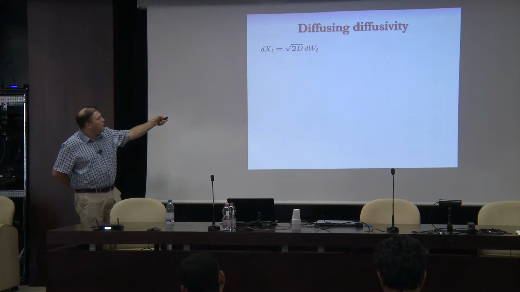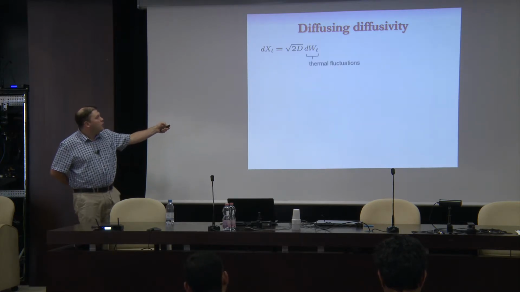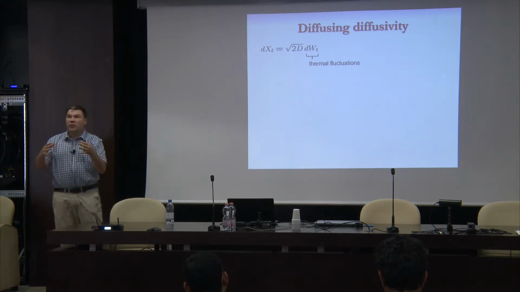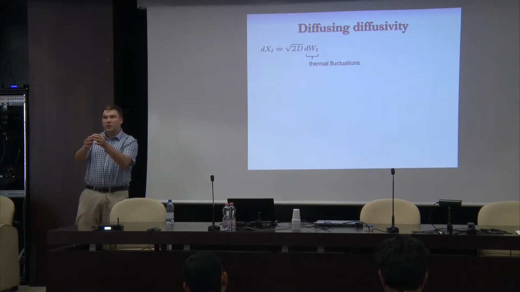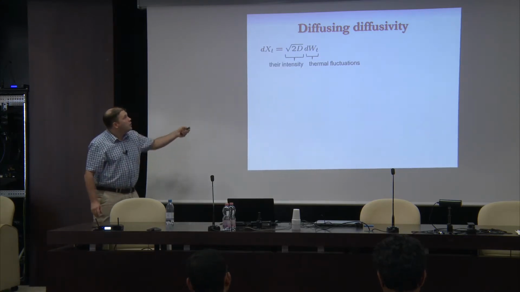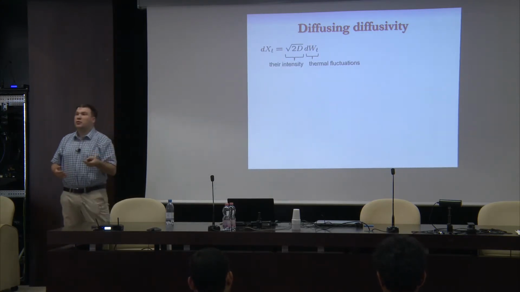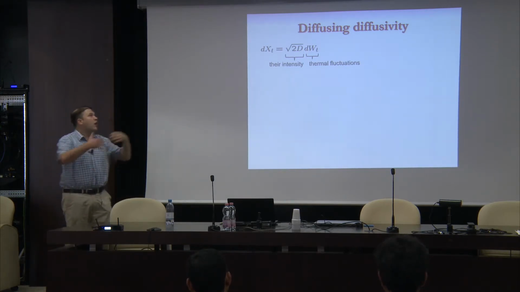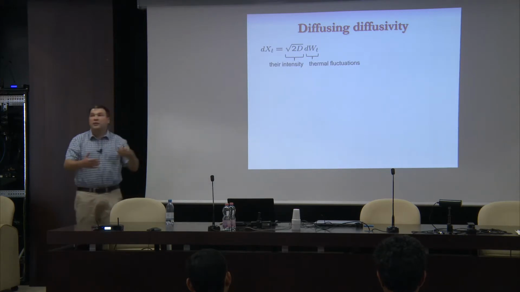Here dWt is the white noise, or the increments of the standard Wiener process. They model somehow the interaction of the particle with the surrounding medium. So it's thermal fluctuations. In addition, you put the intensity of these interactions as a diffusion coefficient. For instance, if you have higher temperature, you would expect higher diffusivity, so the particle moves faster.